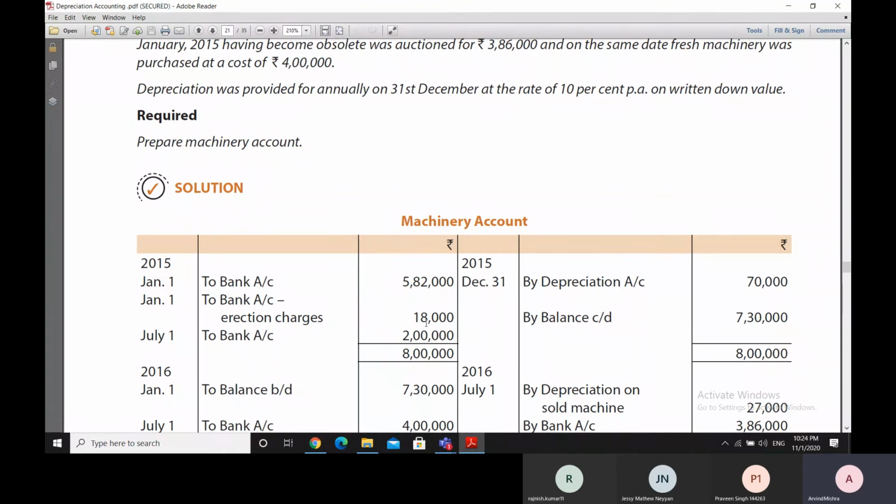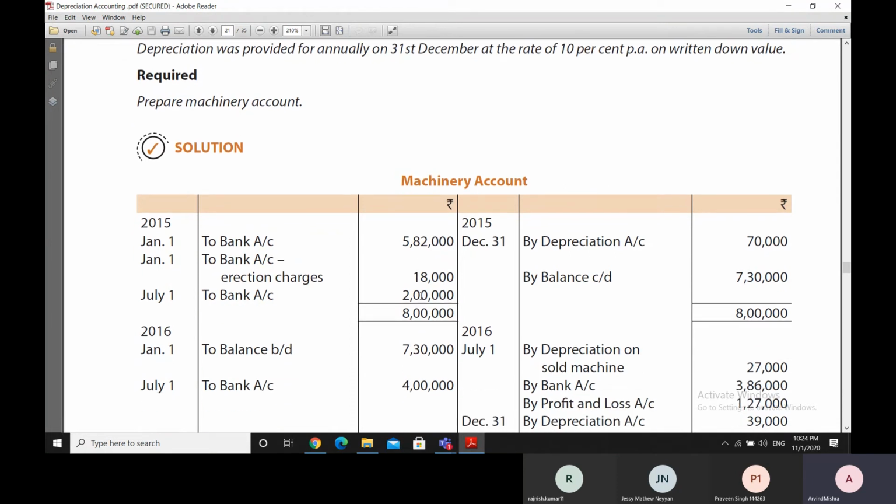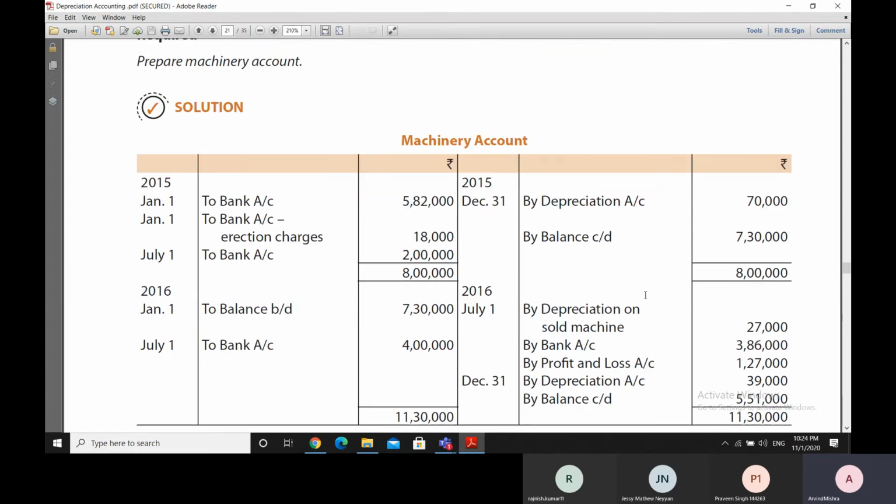But on the machinery which was purchased on January 1, 10% depreciation would be allowed, so 60,000, because on 6 lakh, 60,000 would be the depreciation, and on 2 lakh rupees for 6 months, 10,000 depreciation. So in all, a total of 70,000 depreciation will be allowed here, and after allowing the depreciation, the amount carried down will be 7,30,000 rupees.